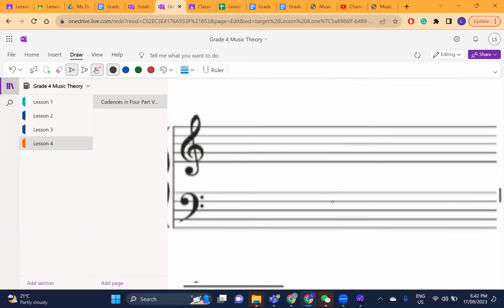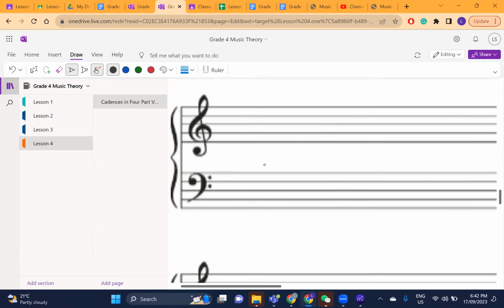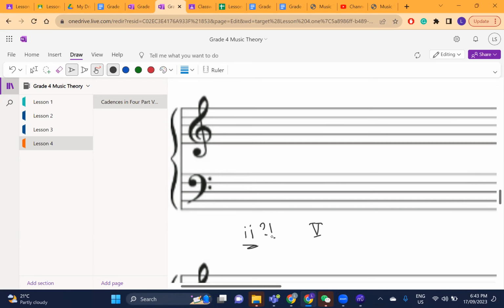Now, the 2 to 5 imperfect cadence is chord 2 followed by chord 5. But since chord 2 is a minor chord in a major key, it's quite interesting the way that it sounds.